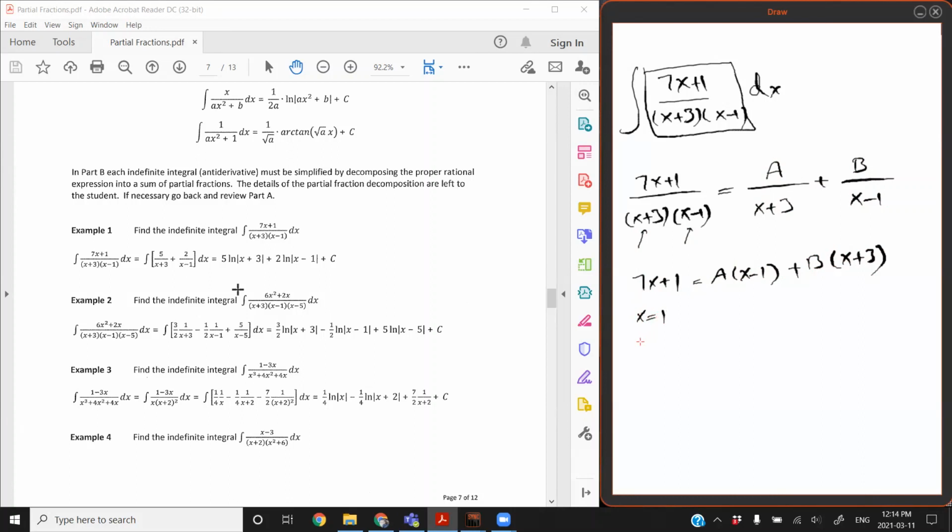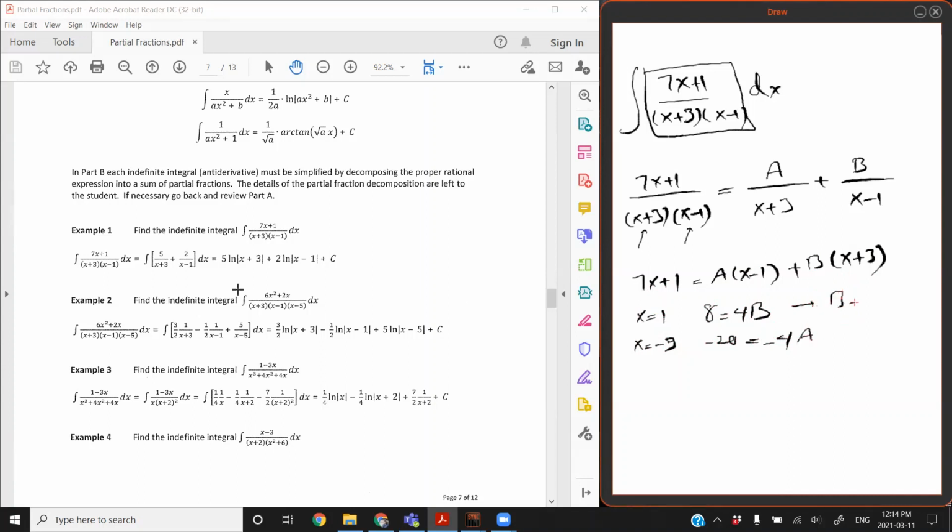Then x should be 1, x should be negative 3, and this will give me A and B. If I plug in 1, I'm going to get 8 is equal to 4B. If I plug in negative 3, I'm going to get negative 21 plus 1, negative 20, is equal to negative 4A.